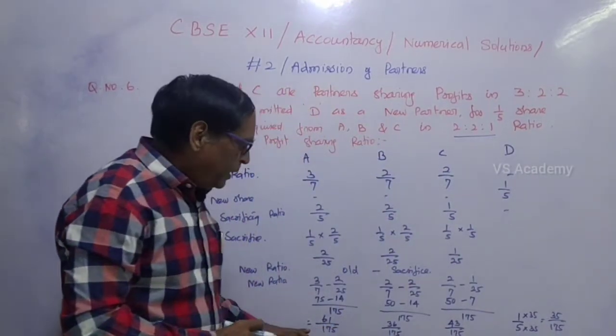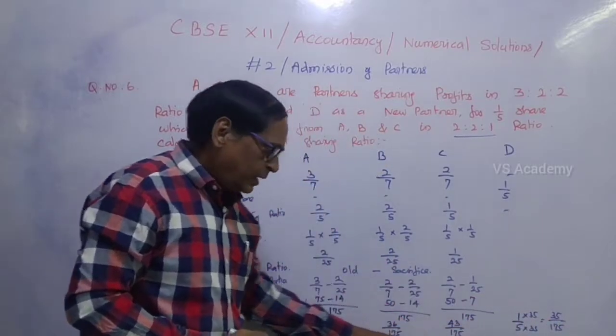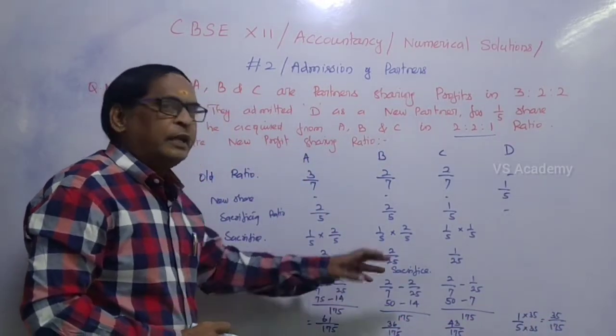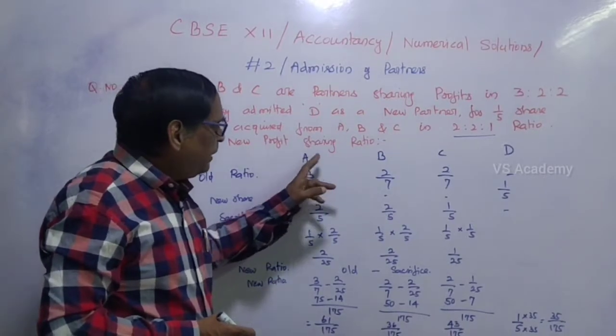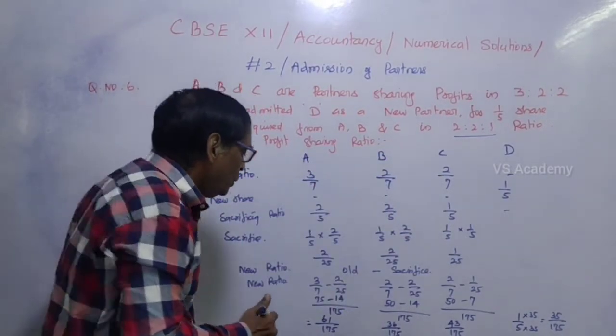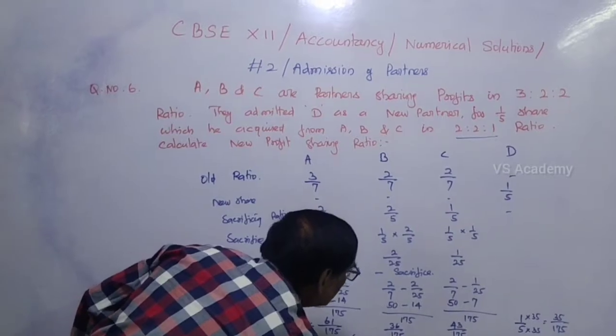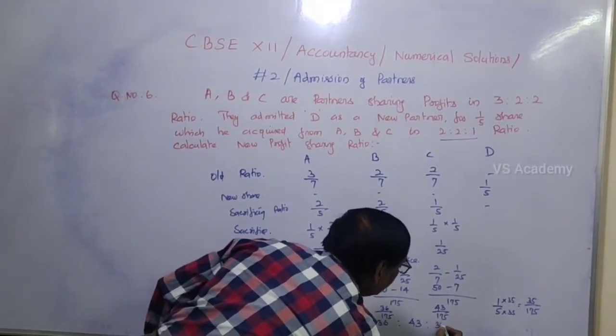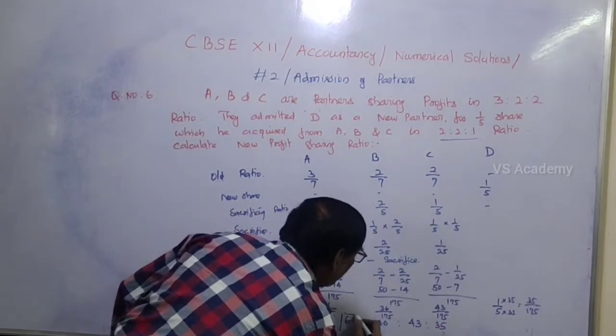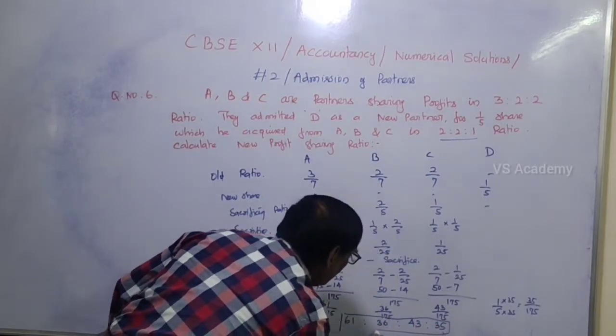So all bases are the same, 175. The new profit sharing ratio between A, B, C and D is 61:36:43:35. So this is the new profit sharing ratio.